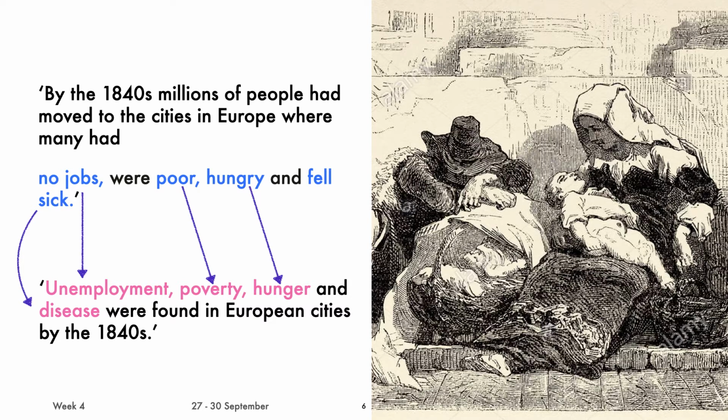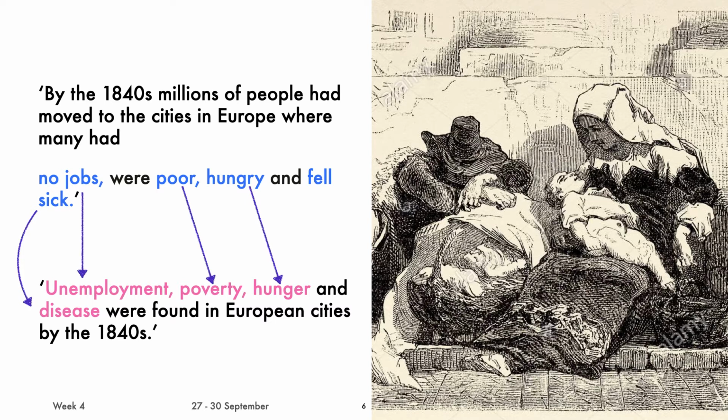If we want to make nouns from the descriptions about the European people in the 19th century, we would say something like unemployment, poverty, hunger, and disease were found in European cities by the 1840s.